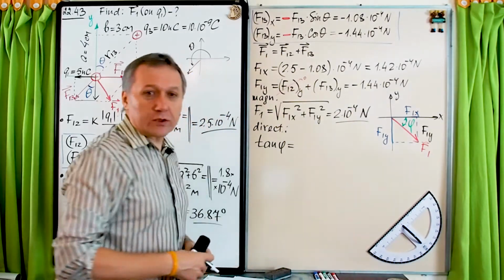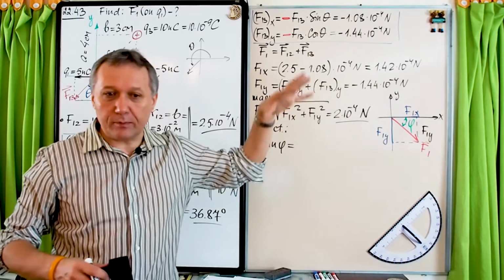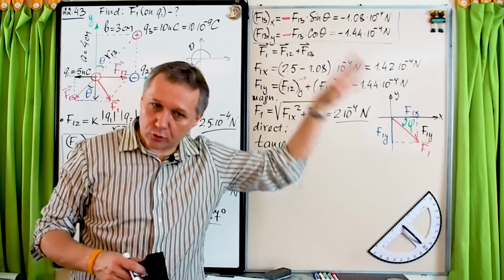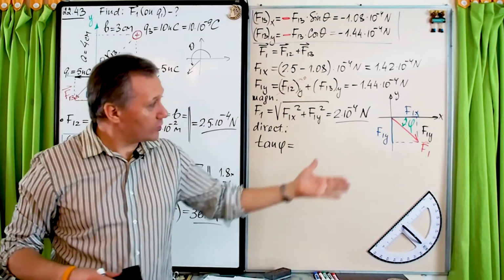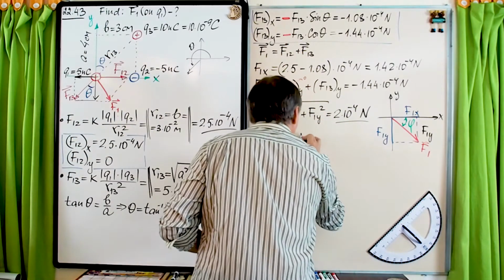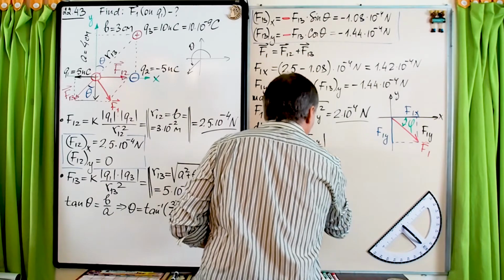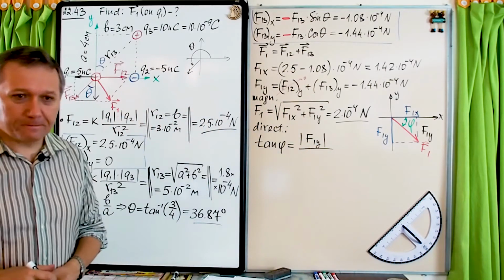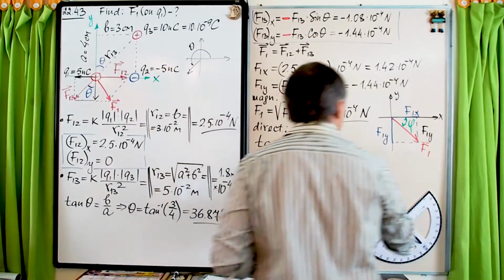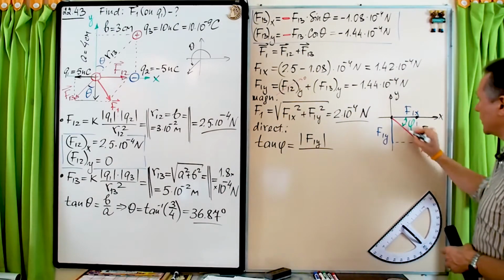And right now it's just geometry. We just need to know this length and that length. So if we have any pluses and minuses in our components, drop them, because now we're just looking at the triangle. So it will be the absolute value of f1y, the opposite side. All right, it's this triangle again, I'm emphasizing. This point, this point, this point. So that triangle.